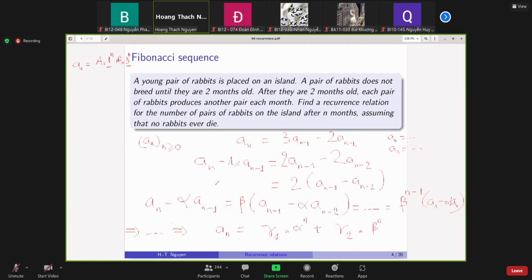Here we need alpha to be different from beta for some technical reasons that we will see later.